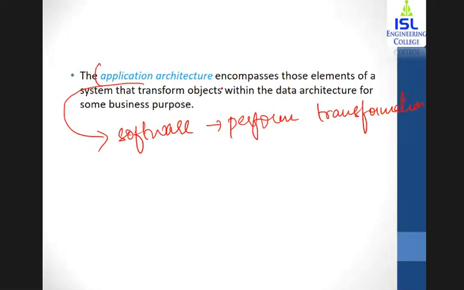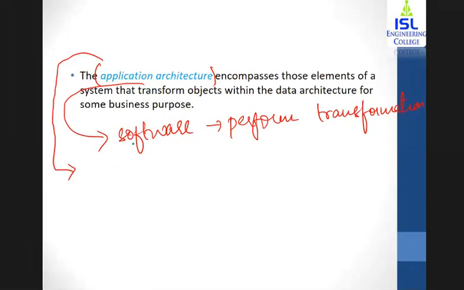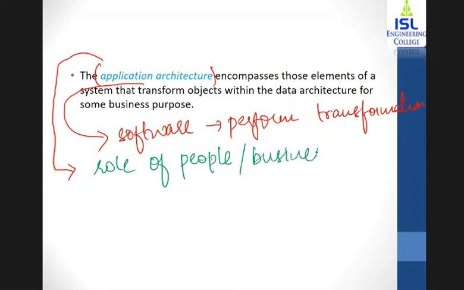Now, in broad terms, the application architecture can be the different roles of people, or the role of a business procedure. These roles are identified when they are not automated.